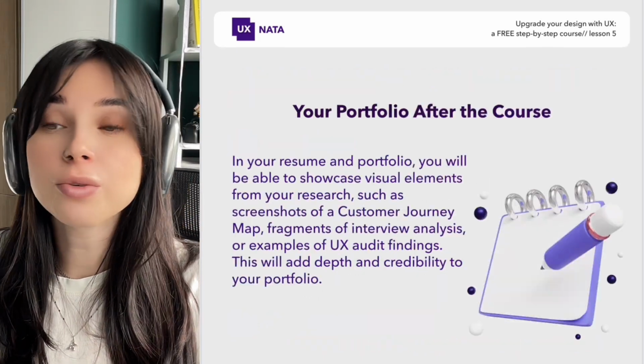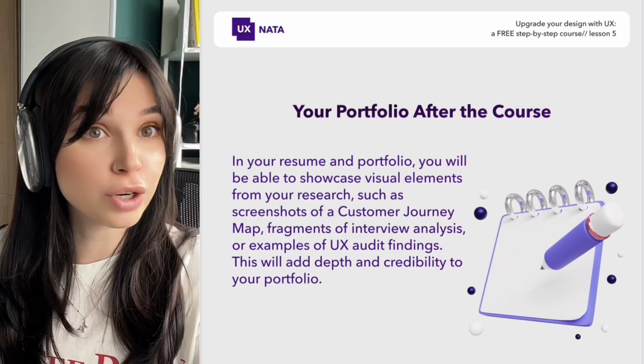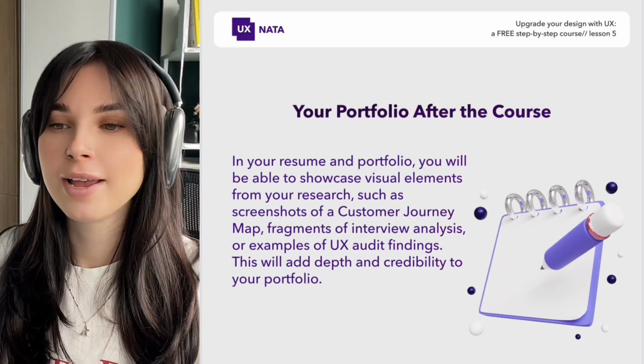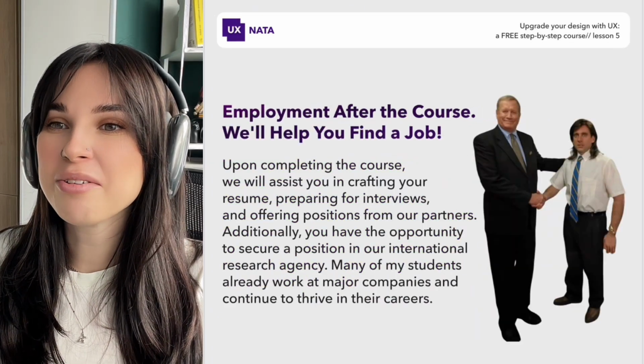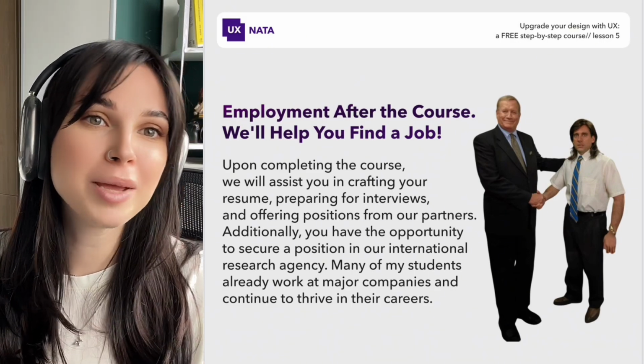So yeah, in your resume and portfolio, you will be able to showcase visual elements from your research, and it's more attractive, I think. So yeah, and the employment after the course is better, maybe easier.